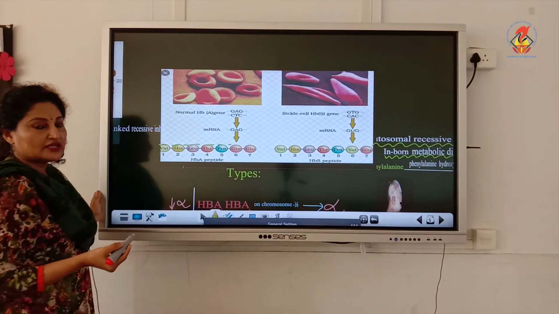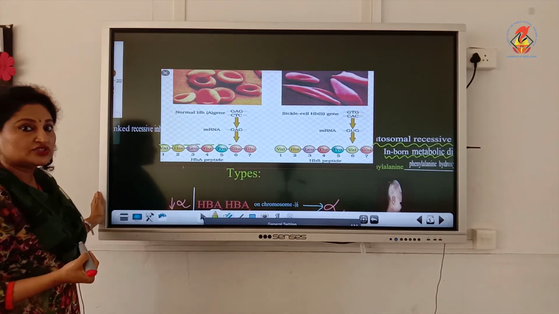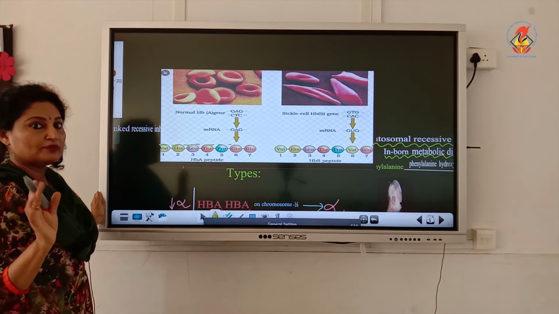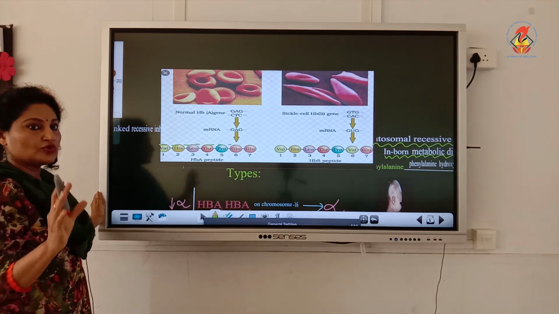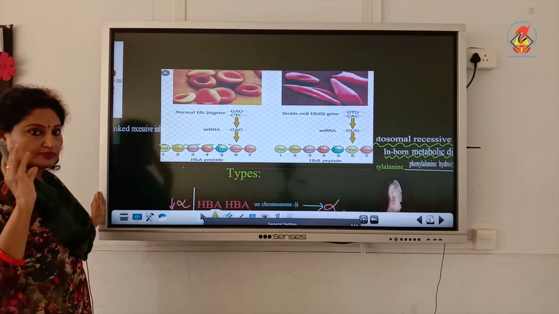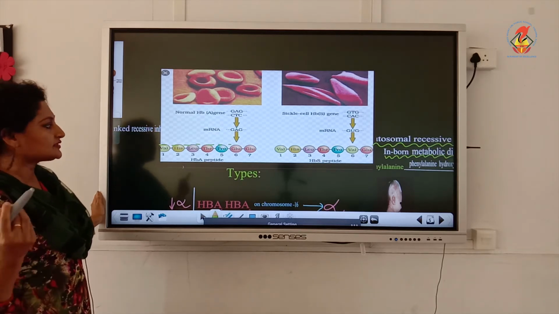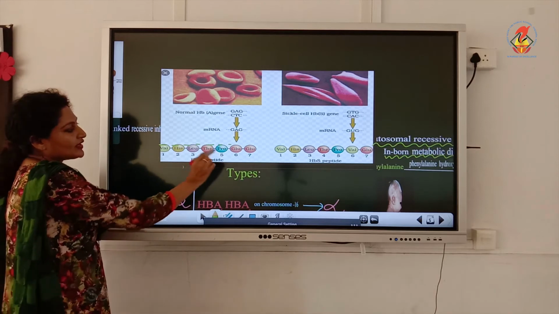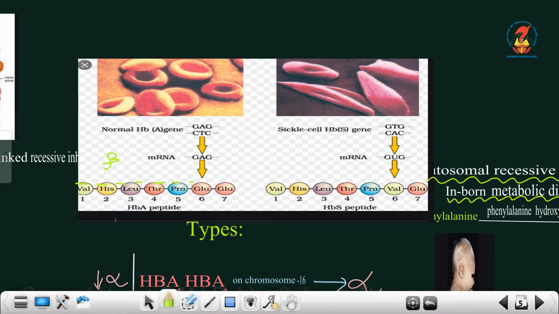Later, in the next chapter, we will be learning almost 20 of the amino acids, so by that time you will be familiar with these amino acids. But by now you know some of the amino acids because we have learned in chapter 10, biomolecules, in 11th standard. See, look at the amino acids that form the beta globin chain. Remember the beta globin chain of hemoglobin.